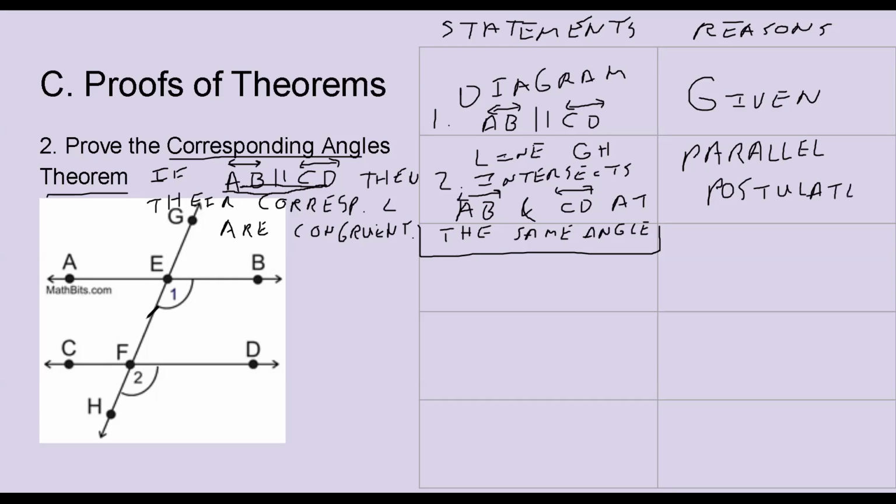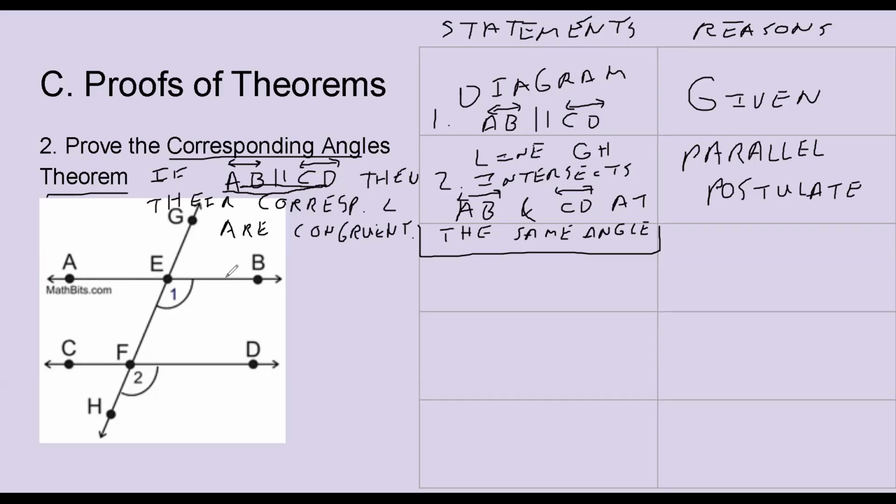The details of that get a little bit more confusing, but the parallel postulate is an assumption that we make in Euclidean geometry, where for every line parallel to another line, there's only one line, GH in our case, that could intersect those two at two given points.